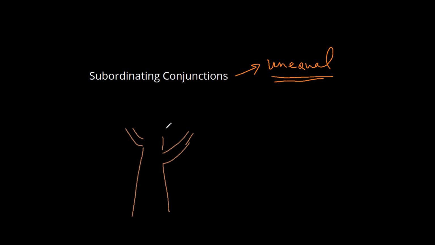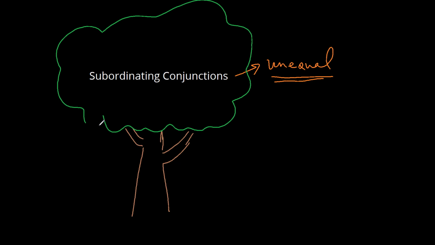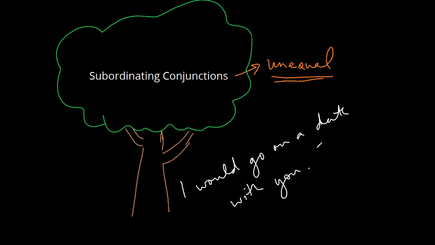All right, so there's the bottom part of our tree, and then we'll just add some foliage here. And there we go. If we think of the trunk of the tree as the independent clause, so let's just say I would go on a date with you, that can stand by itself as a complete sentence. We have a subject and a verb. We've got everything for a complete sentence.